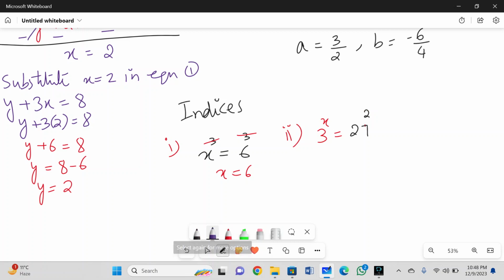In this question we do not have the same bases or the same powers, so we will try to make the base similar, because this is base 3 and on the other side we have base 27.